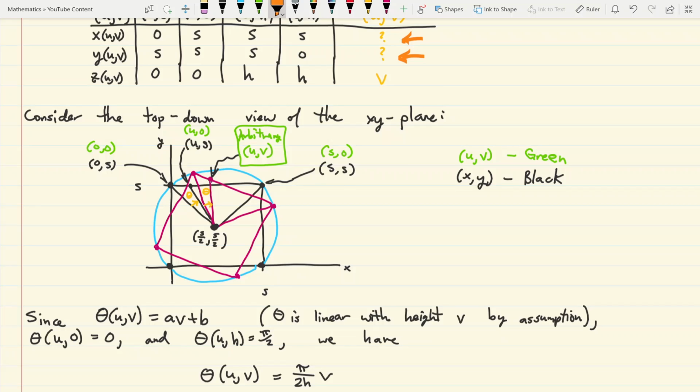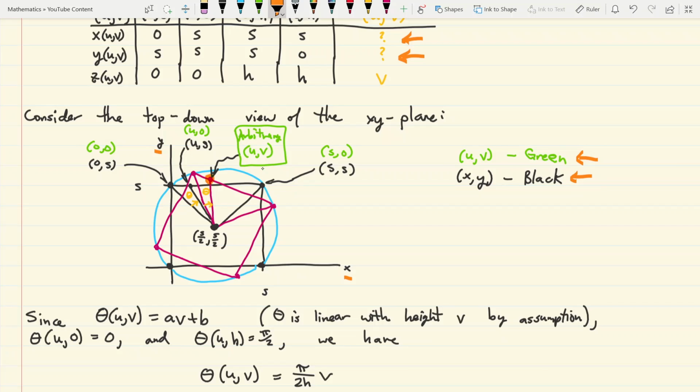Now I'm thinking of this point here as fully arbitrary. So this is what we want to find: notice we're in the xy plane of course, the xy coordinates of this UV point. So in green, here I've written the UV coordinates, and in black I've written the xy coordinates.